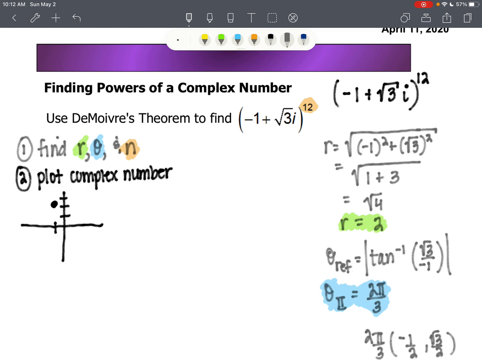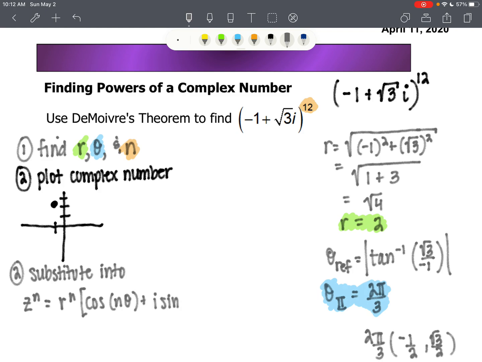Okay, so once we find those values, then we substitute into our formula. And our formula is z to the nth power equals r to the n times cosine of n times theta plus i sine of n times theta.